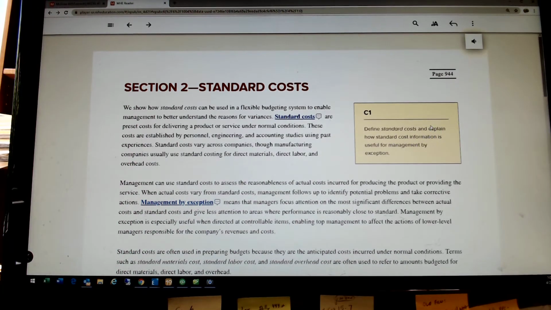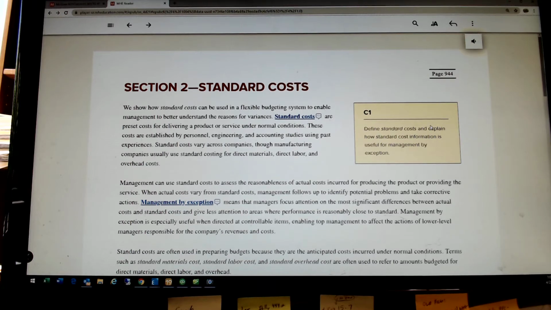So if I'm making teddy bears, I might have a budget for producing 10,000 of them, but where does that budget come from? Well, some engineers or people who know what costs should be have determined what it should cost to make one teddy bear.